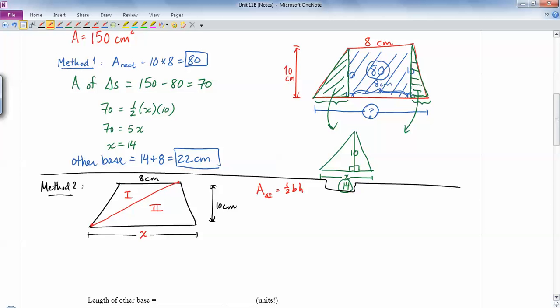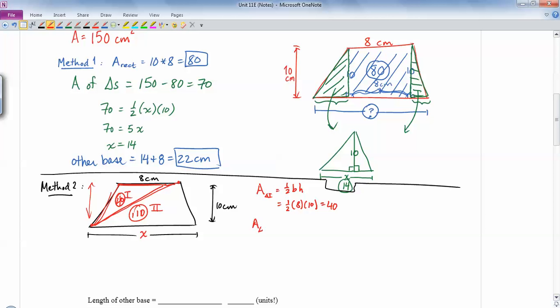If we look at 8 as the base, then this right here is the height. So that's going to be 1/2 times 8 times 10, which is 40. So I know that the area of this triangle is 40. And if the whole area is 150, then the leftover area here has to be 110.